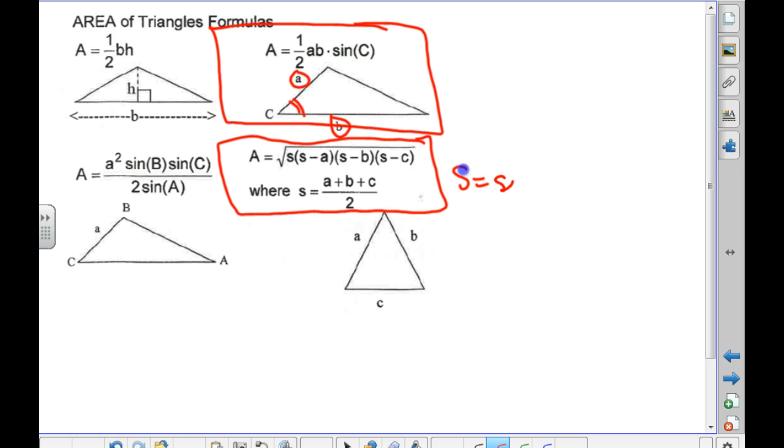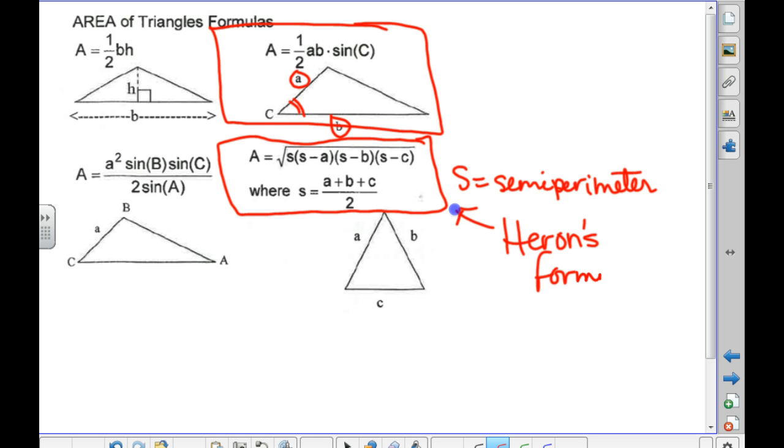S stands for semi-perimeter. Anybody remember what this long thing is called? Heron's formula, okay? This guy used law of cosines to figure out that if you have all the sides, you can find the area of the triangle.